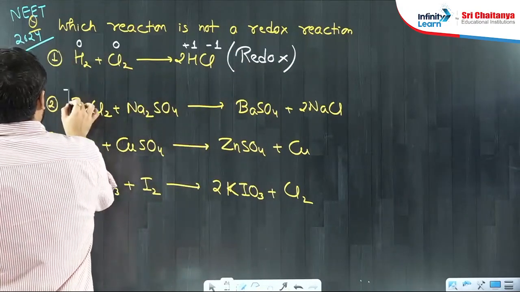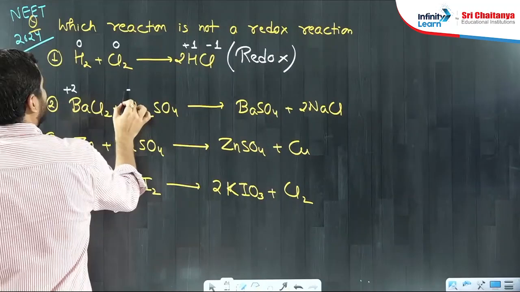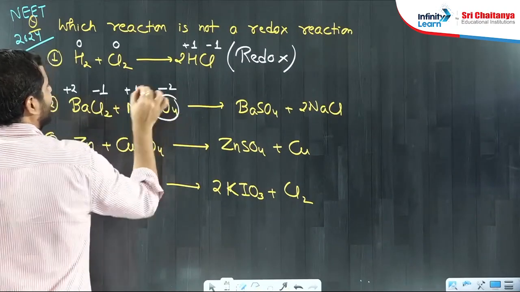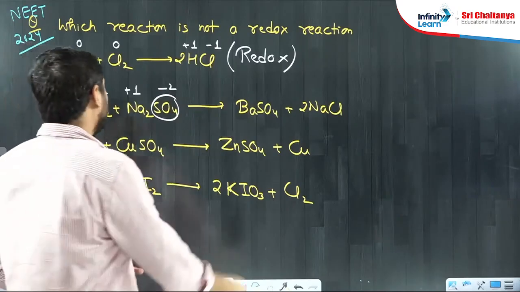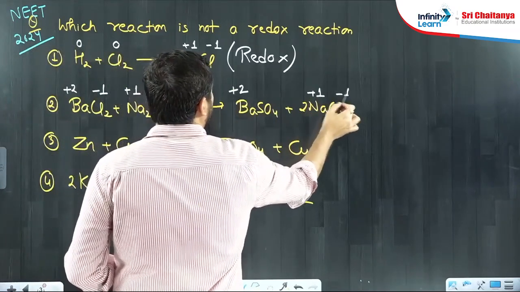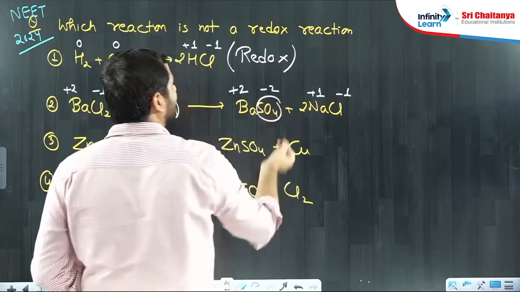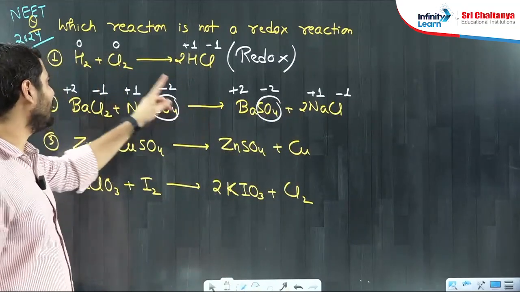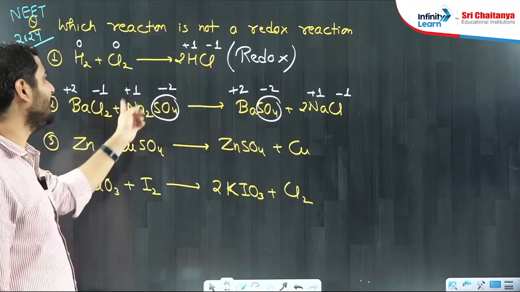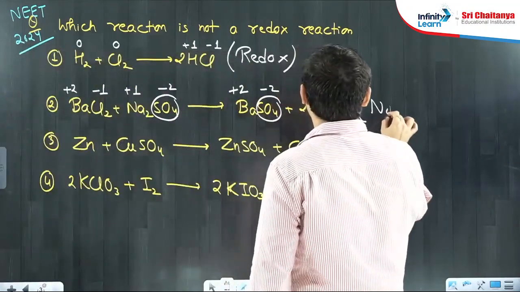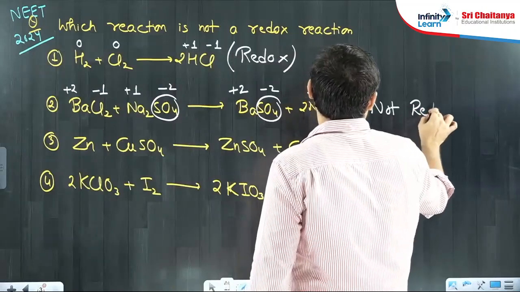Now move to the next: barium plus 2, sodium plus 1, chlorine minus 1, and the complete sulfate SO4 is minus 2. Same on the product side: barium plus 2, sodium plus 1, chlorine minus 1, sulfate minus 2. There is no change in oxidation number. Barium remains the same, sodium remains the same, chlorine remains the same. So this type of reaction is not a redox reaction.